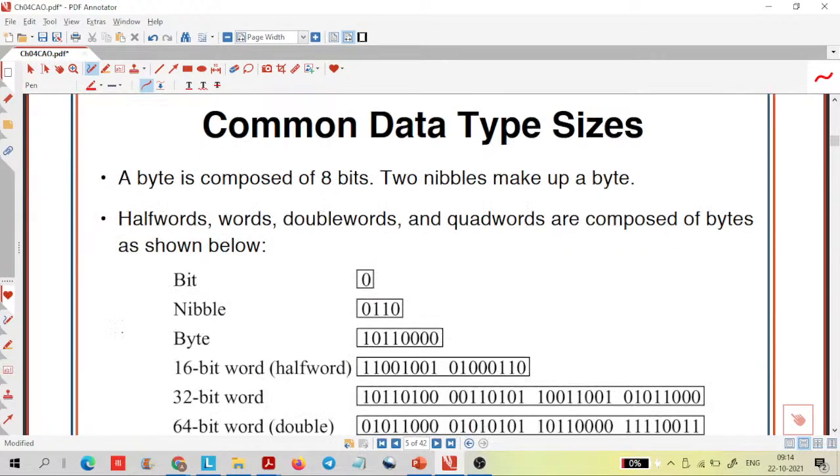And common data sizes, you already know. A bit means a single bit. A nibble means a 4 bit register. A byte means 8 bits.